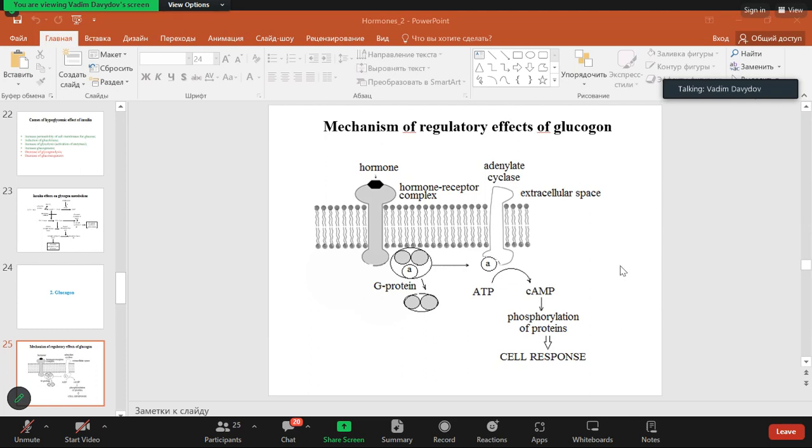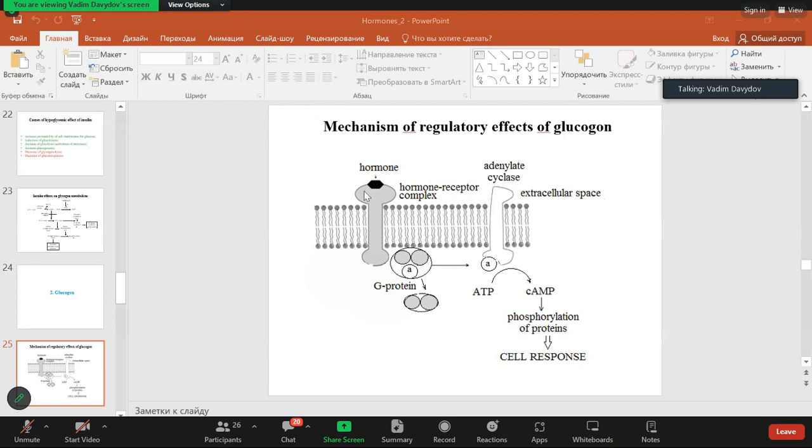What can you say about its mechanism? The mechanism of its regulatory effect is coupled with activation of adenylate cyclase inside the cell and synthesis of cyclic AMP as the second messenger of that hormone.